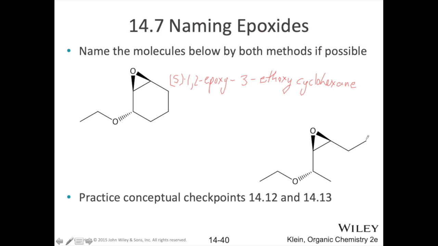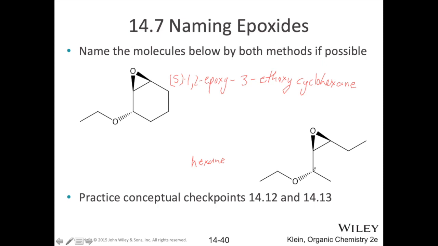So with this one here, we've got 1, 2, 3, 4, 5, 6 carbons. So that's our parent chain, hexane. We're treating this rather similarly, though our locants will be a little bit different. It looks like, since the ethoxy group is closer to this end, we'd probably start numbering from this end.